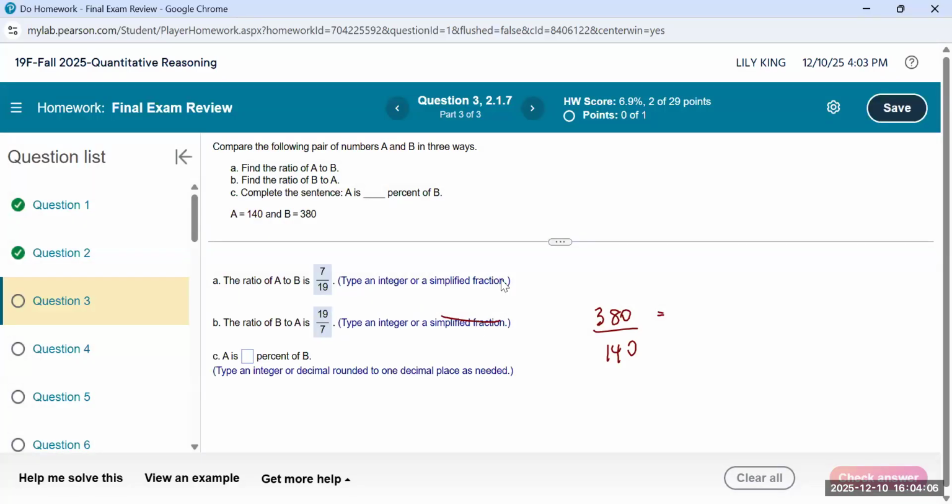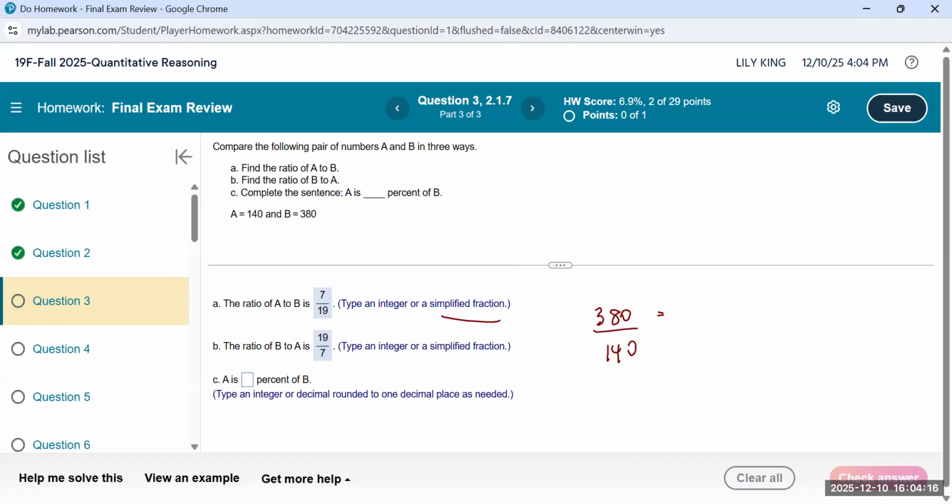And C, we need to find A is what percent of B. So here we take the answer from part A, and then you multiply by what? 100%. Now, why are we taking the answer from part A and not part B?